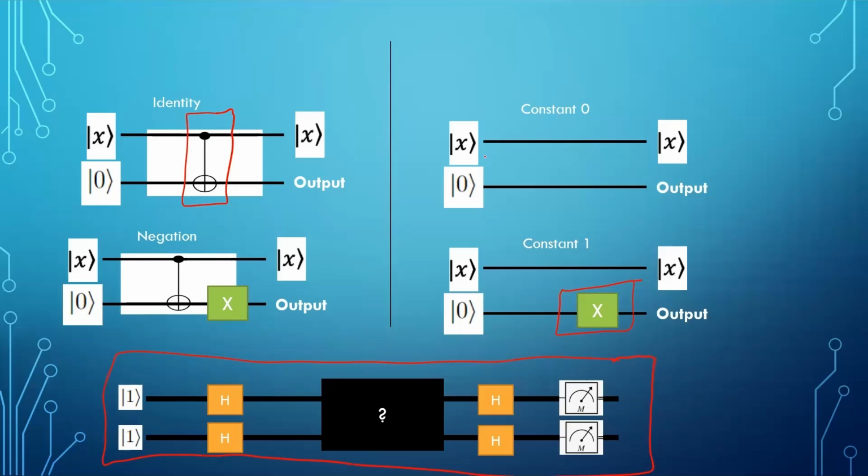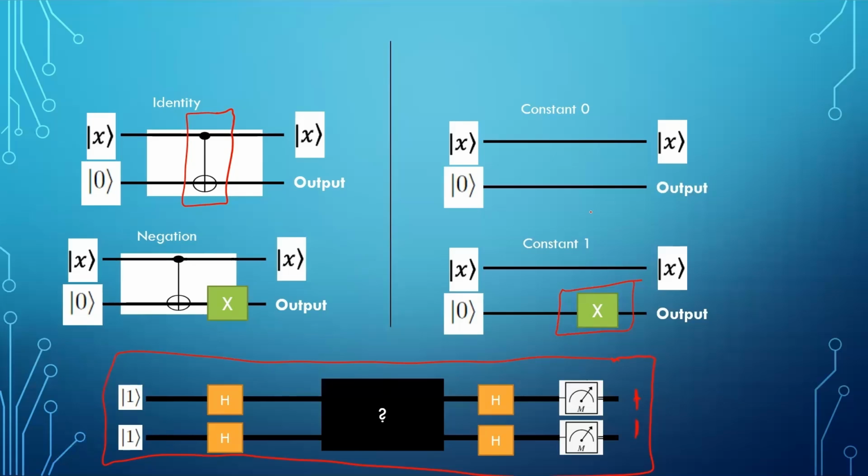And the claim goes like this. If you put these designs here, so let's say you want to put the identity here, in this black box, or whether you want to put the constant or any one of them without you knowing which one is inside of this black box, if your answer is the same thing, like 1 and 1, that means you had a constant function.